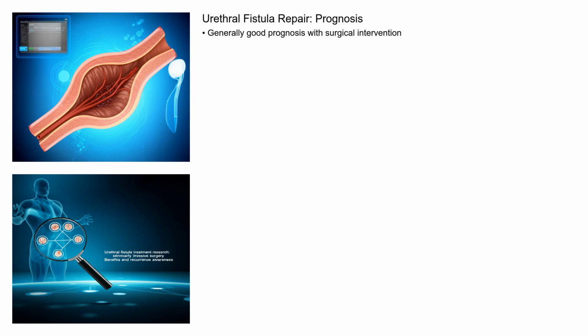Recent research focuses on improving surgical techniques and materials to enhance fistula closure and minimize recurrence. Advancements in minimally invasive surgical approaches, such as laparoscopic and robotic surgery, are also showing promise in treating certain types of urethral fistulas, leading to faster recovery times and reduced complications. Continued research is essential to further improve the management and prevention of this challenging condition.